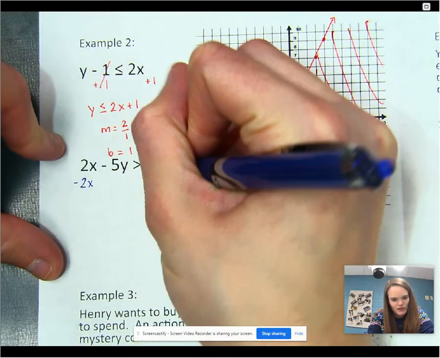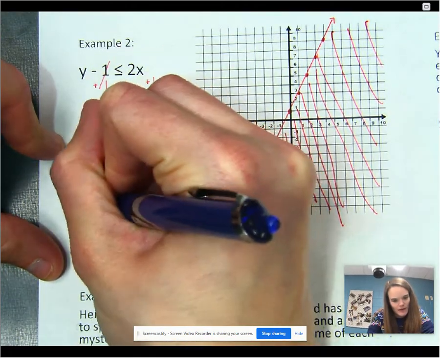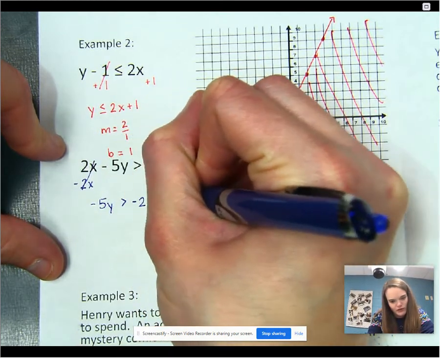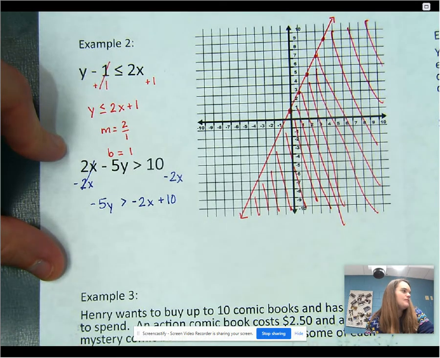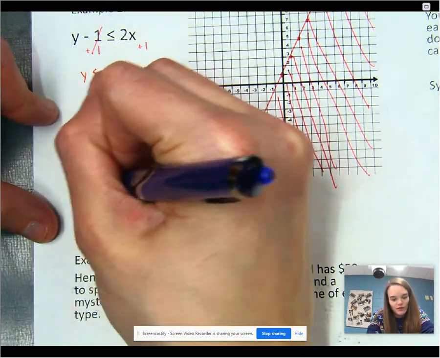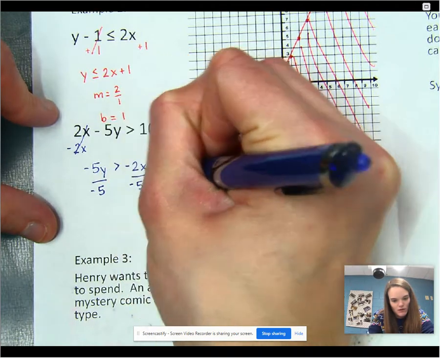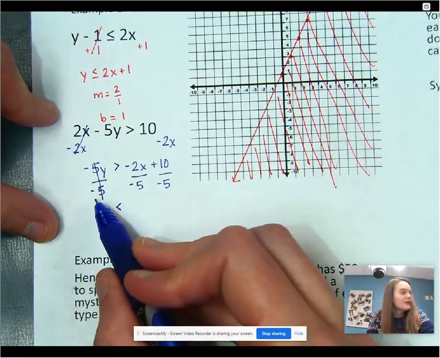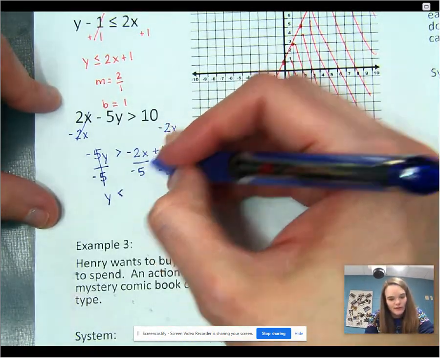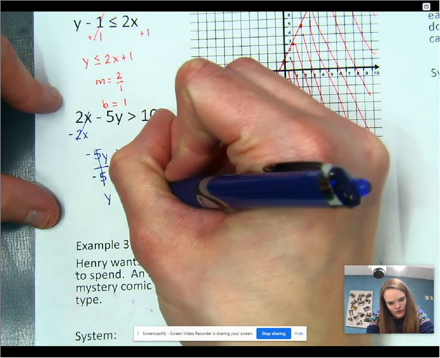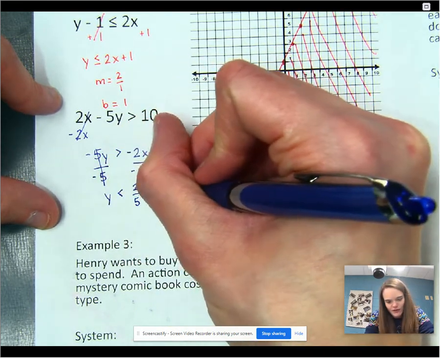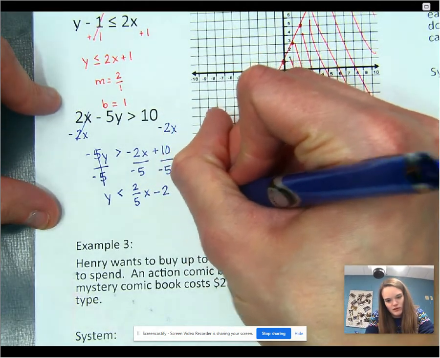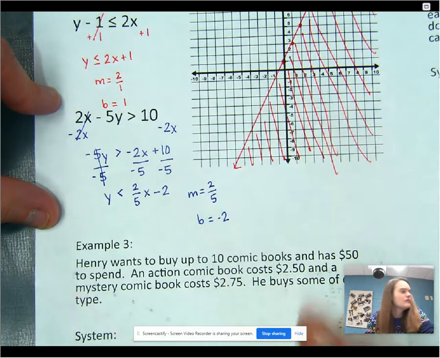Okay, the next equation, subtract the 2x. Negative 5y is greater than negative 2x plus 10. Divide by negative 5. Y is less than, I divide by a negative. Negative 2 divided by negative 5 is 2/5 x. 10 divided by negative 5 is negative 2. The slope is 2/5. The y-intercept is negative 2.